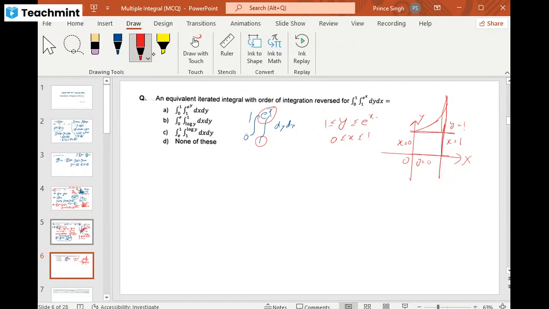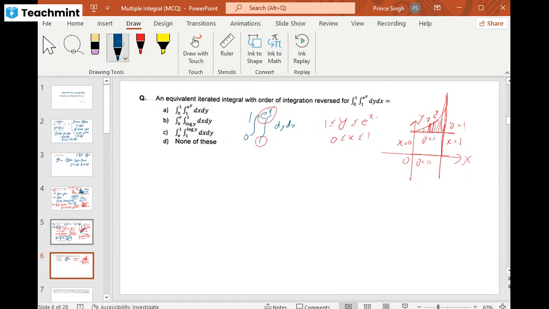Its value tends to 0 when x tends to minus infinity, otherwise it is an increasing function. So this is the line x equal to 1 and this is the curve. The limit of y varies from 1 to e power x, and the value of x varies from 0 to 1. So this is the region of integration here.